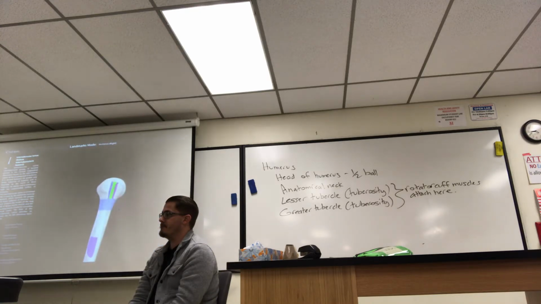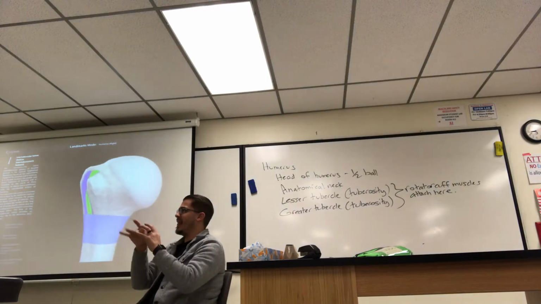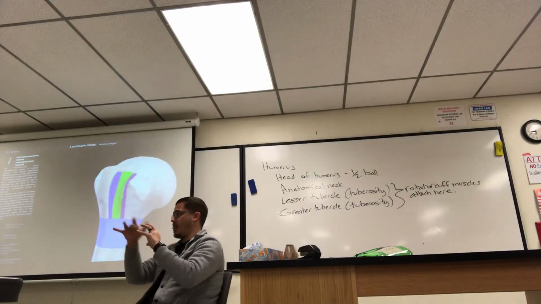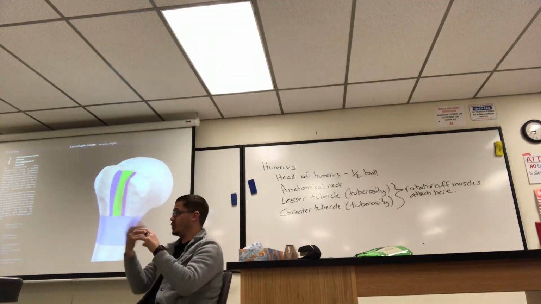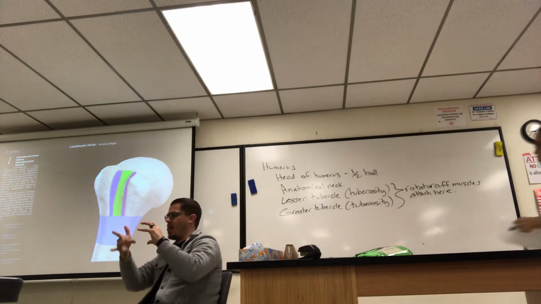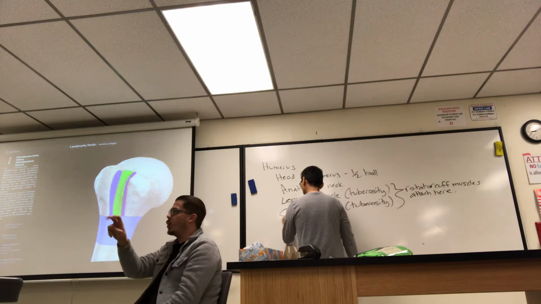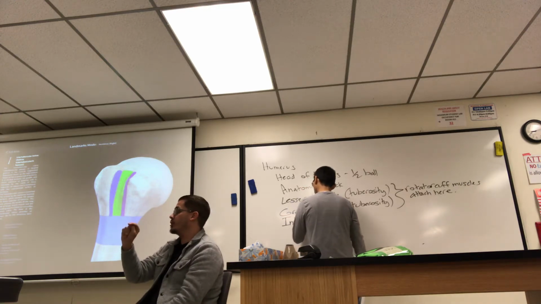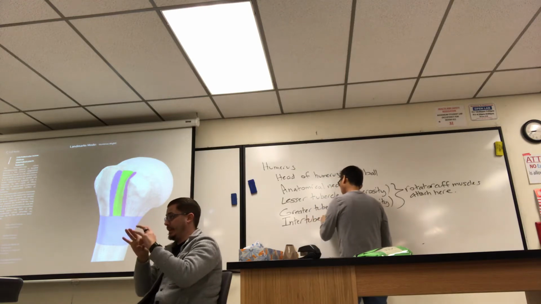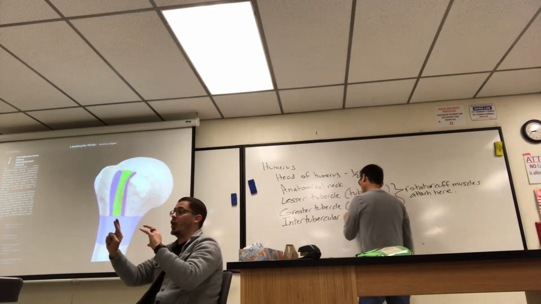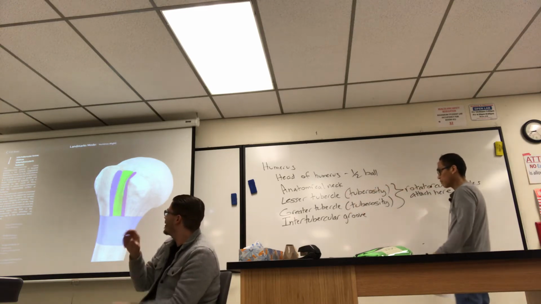The thing about those two bumps, they create a groove right in the middle, highlighted in green, between greater and lesser tubercle. What's highlighted in green is what I call the intertubercular groove. Intertubercular because it's in between the two tubercles. Inter means between. This app is calling it a sulcus, same thing.